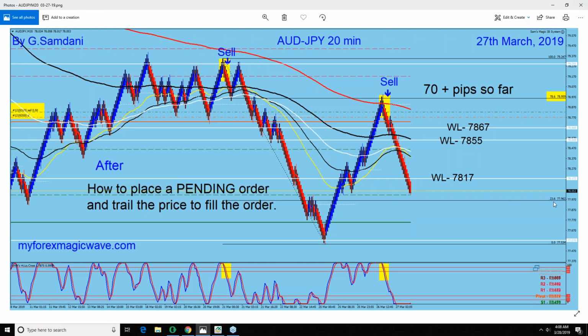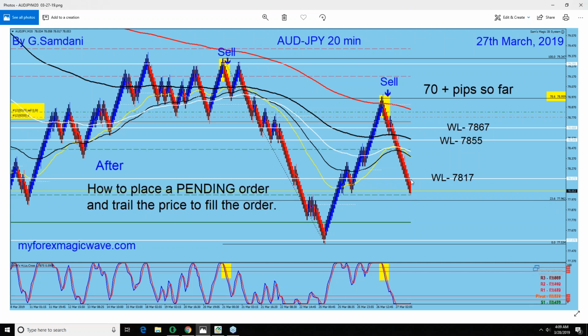This is the area where usually it bounces. That's why I don't have any other level right now. You see that 50% or 38% in between, because usually from 78% it goes back to either 38% or 23%. So 38% is already crossed. 23% was my target, and that's why I'm holding it.